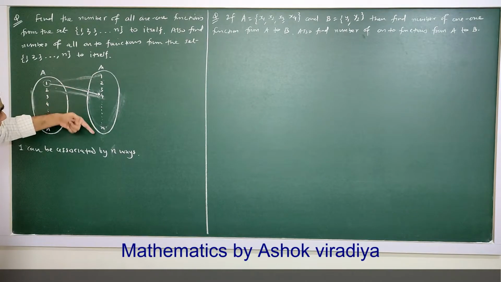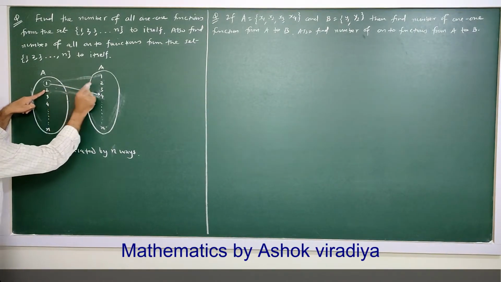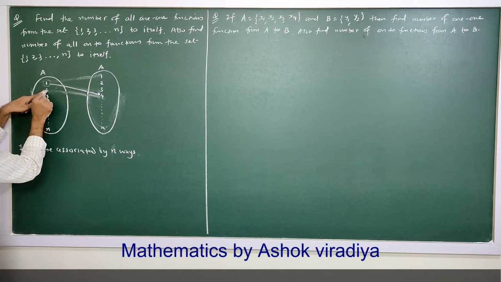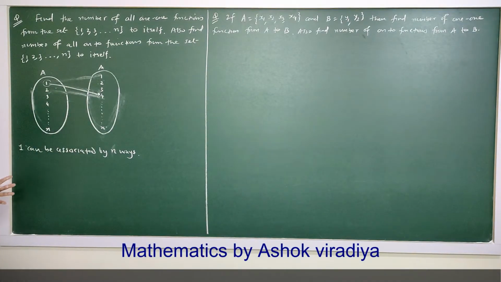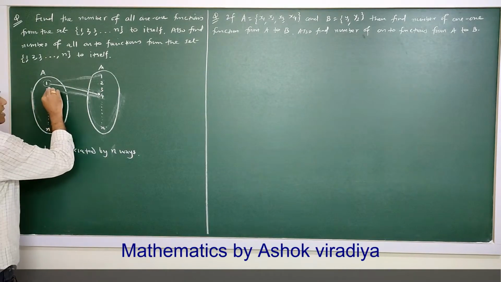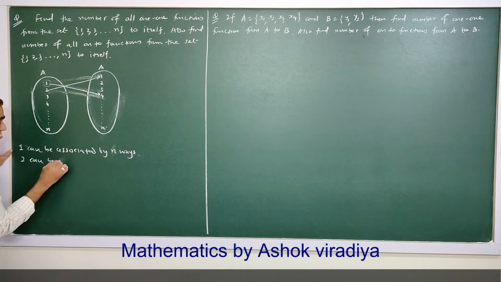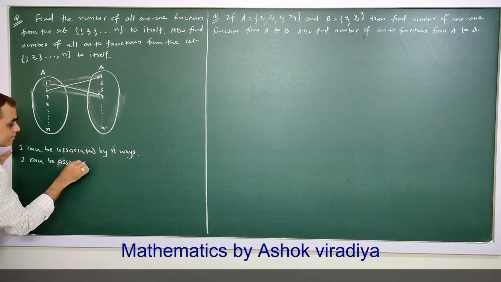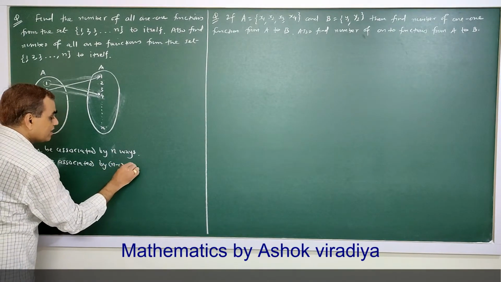So n minus 1 numbers are left. So 2 has n minus 1 choices. 2 can be joined with 1, with 2, with 3, with 5, with 6, like this. Suppose 2 is connected with 1. So 2 can be associated in n minus 1 ways.